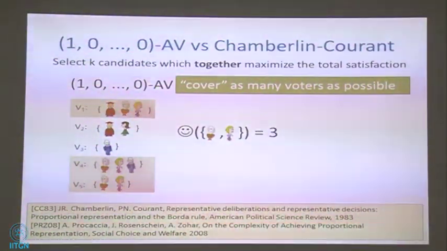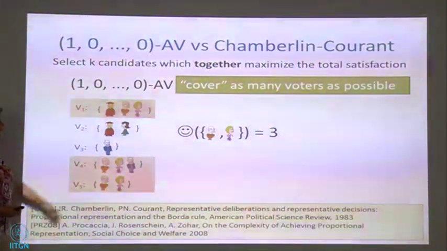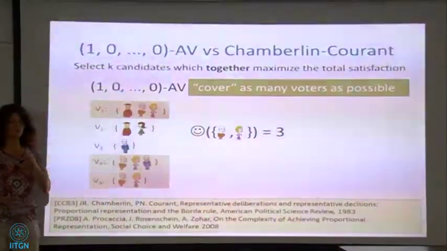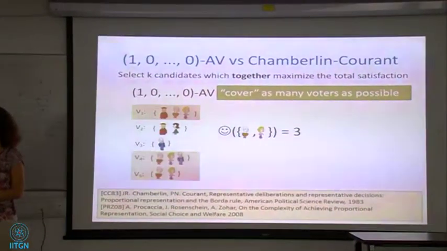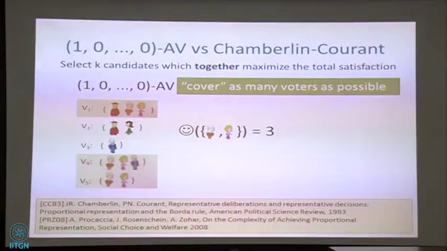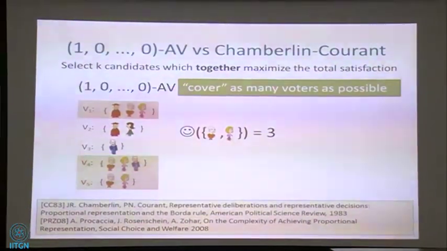Let's evaluate the committee that is orange and purple, which is very cleverly drawn by Piotr. Orange and purple covers these three voters. We are looking at approval ballots, so this ballot includes the orange candidate, and these two ballots include both orange and purple, so these voters are satisfied. The 1-0-0-0 AV score of this committee is 3, so the happiness is 3.